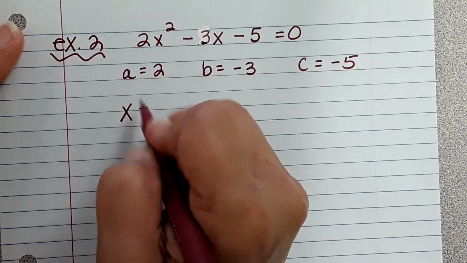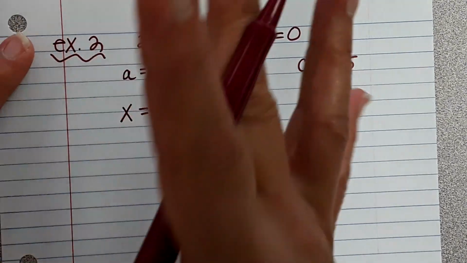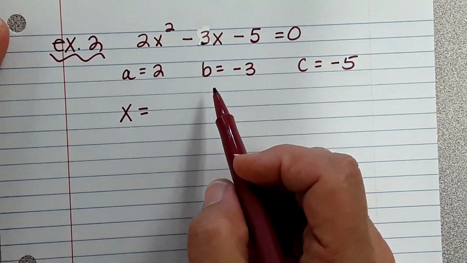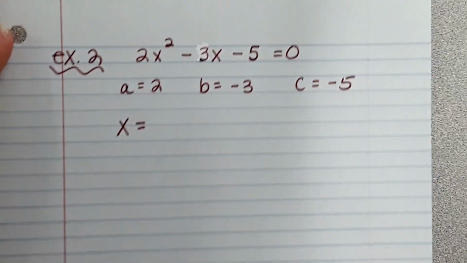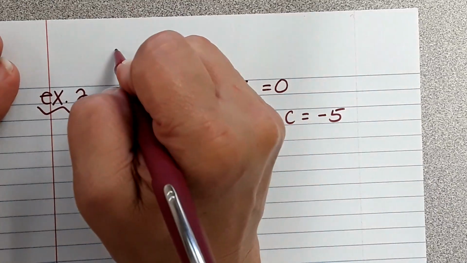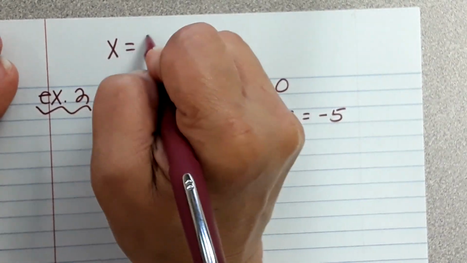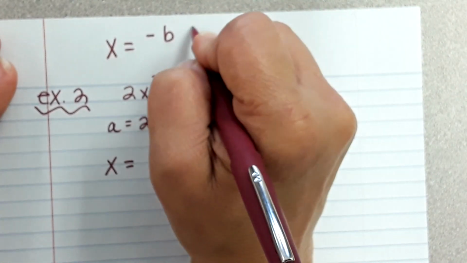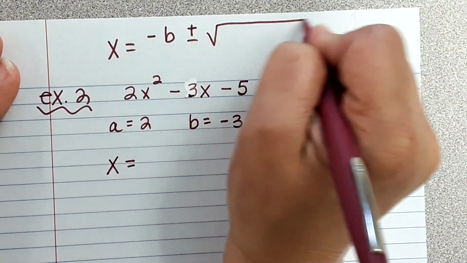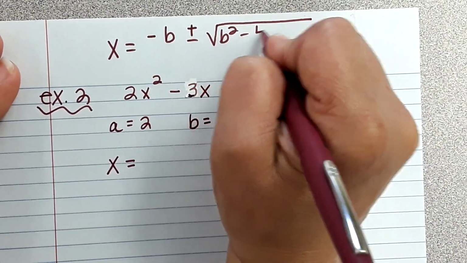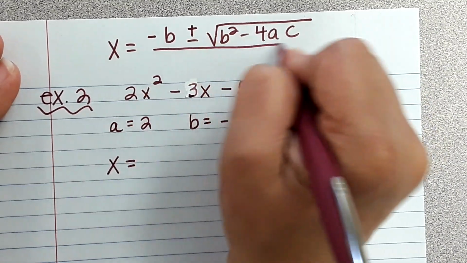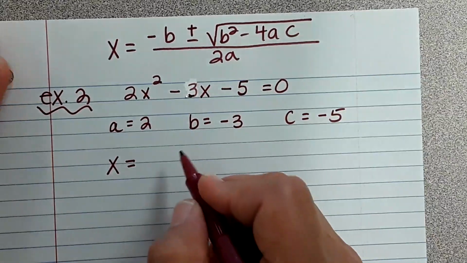Now, all we're going to do is practice filling in the quadratic formula. So, it says the opposite of B, so let me just rewrite it so that you guys can see it. Right, +3.